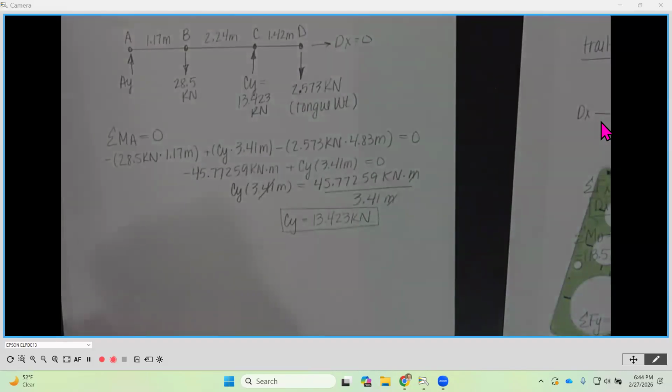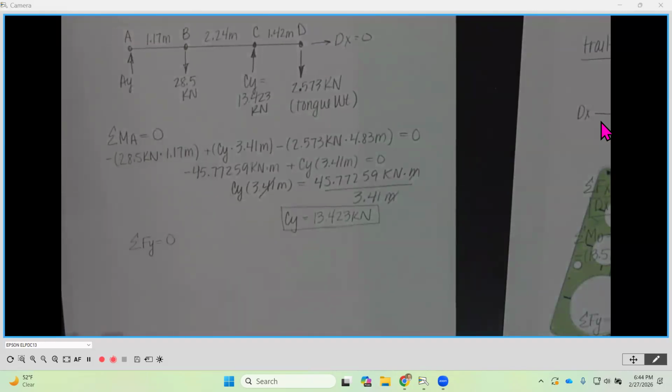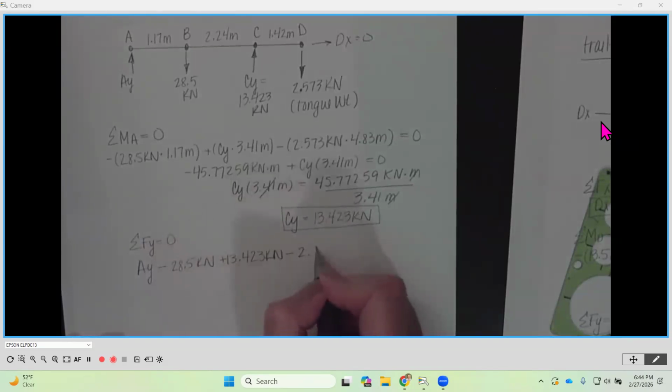So it makes sense that we would use some of the forces in the Y equals 0 to solve for AY. So let's go ahead and solve for AY. So we've got AY minus 28.5 kilonewtons plus our CY 13.423 kilonewtons minus 2.573 kilonewtons is equal to 0.